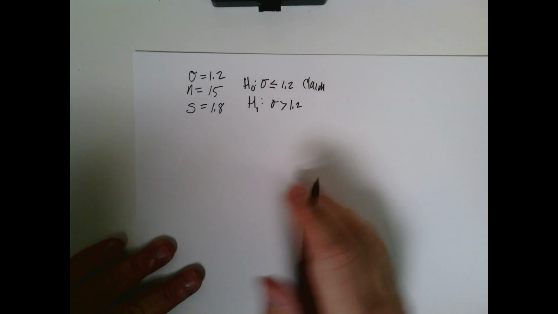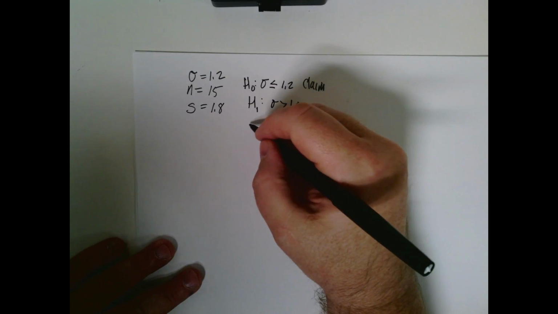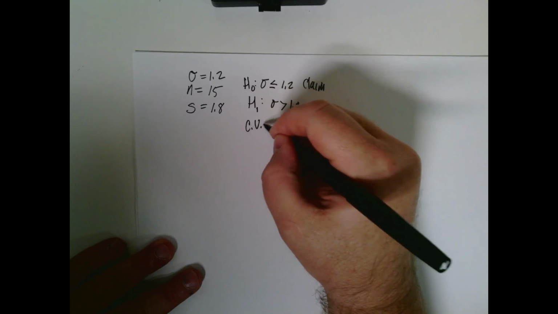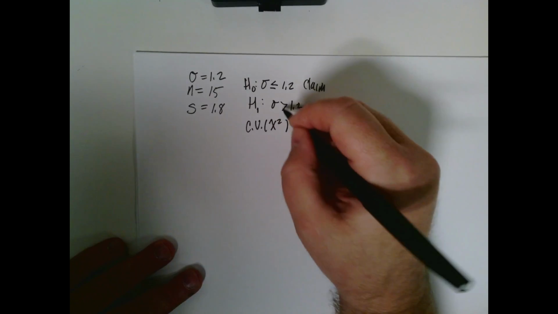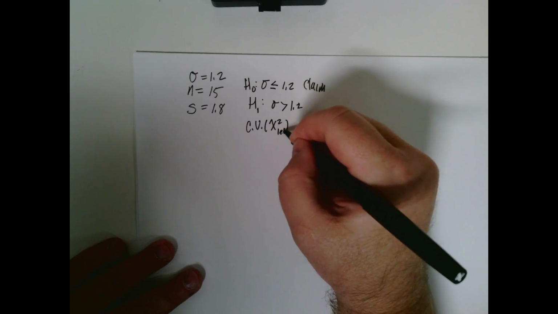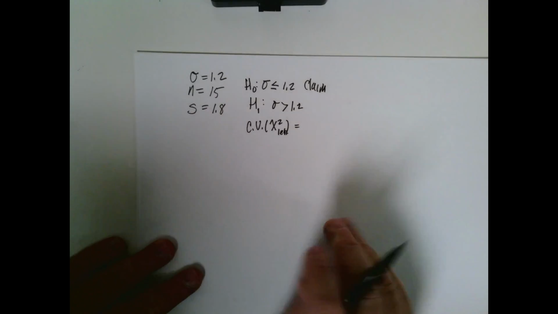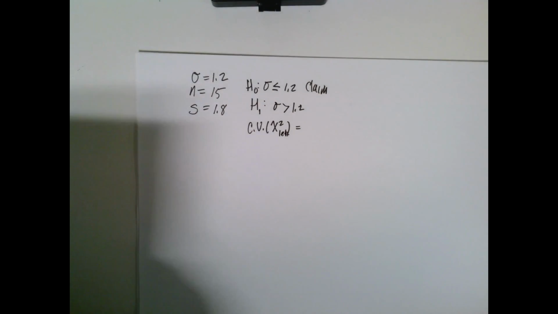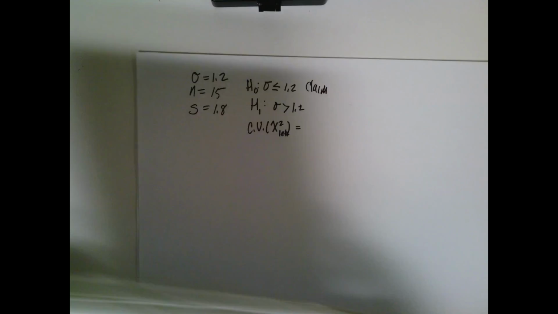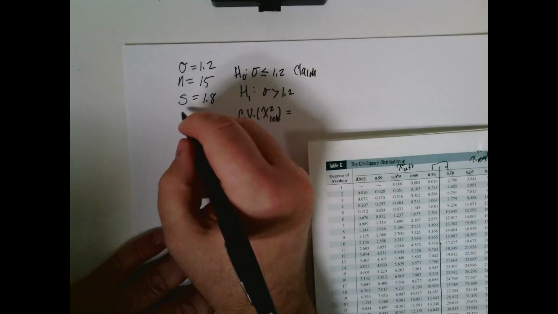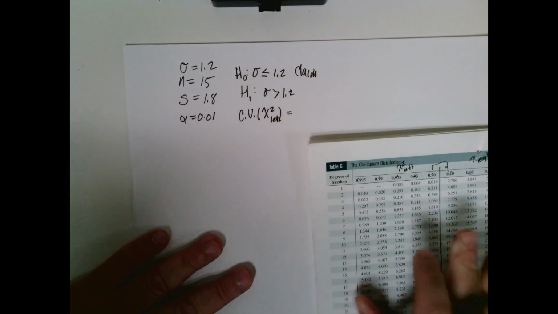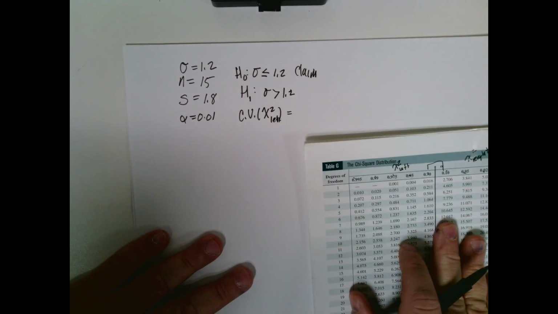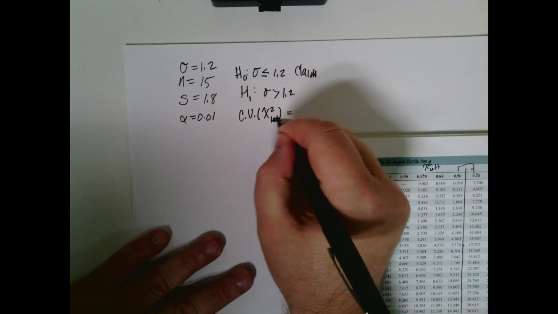Okay, so our first thing is we need a critical value. Now because this is standard deviation, this is going to be a chi-squared. Alright, so we go to our table. Our alpha, what did they say the alpha was? The alpha is 0.01. Oh sorry, I don't know my left from my right.